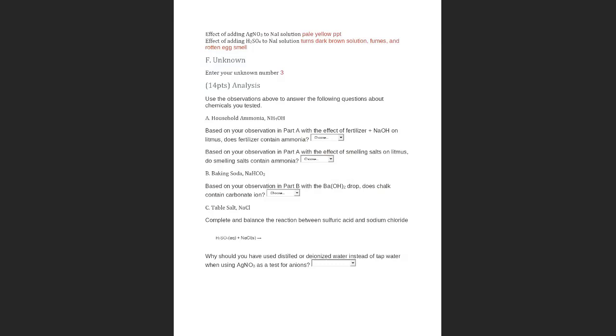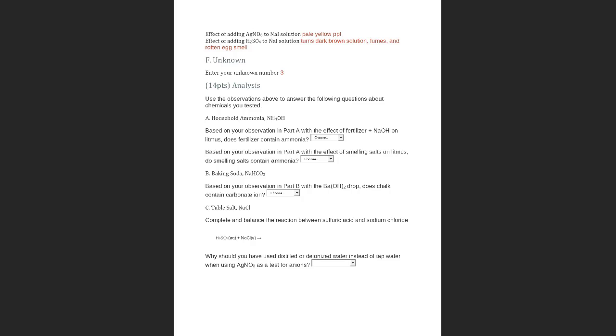And then the second page, you will have an unknown. So it will ask, based on your observation in part A, with the effect of fertilizer plus sodium hydroxide on litmus, does fertilizer contain ammonia?